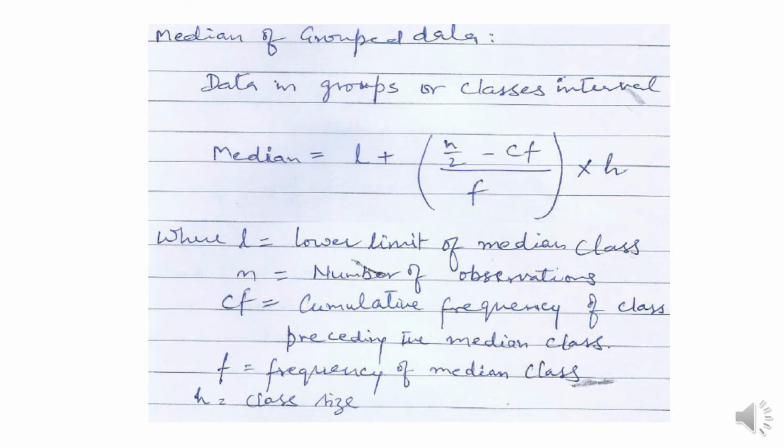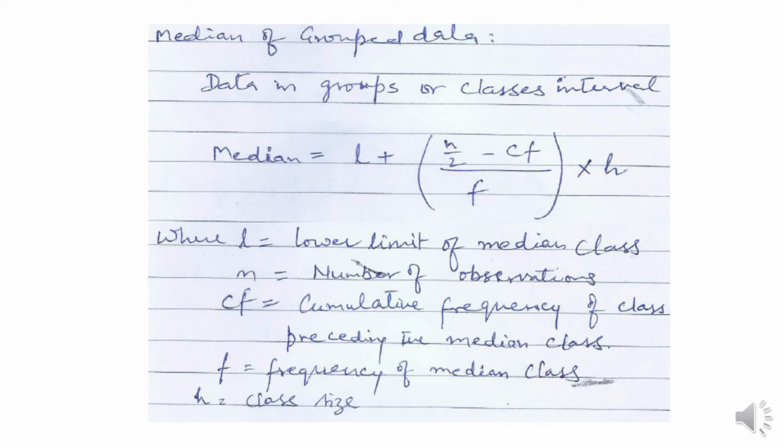Now the data is grouped data, we have to find the median. So data in groups or class intervals. The formula is median is equal to L plus n by 2 minus Cf upon f into h, where L is the lower limit of the median class, because it's grouped data so intervals are there. First we will find in which class the median lies, because we find the cumulative frequency, and from there we decide that the median will lie in this class.